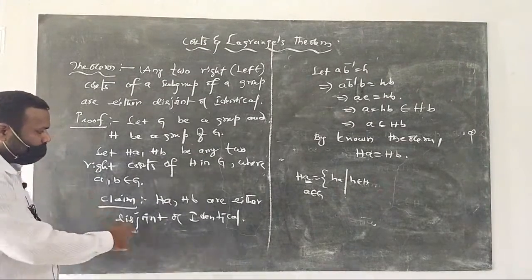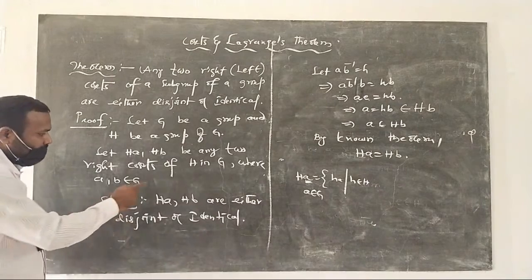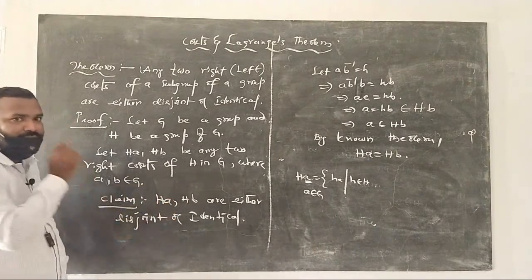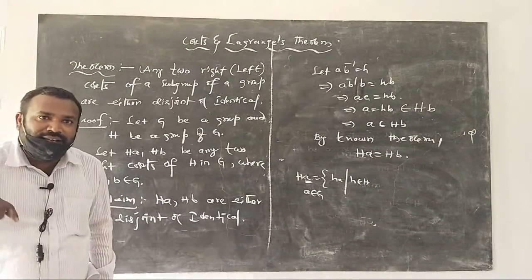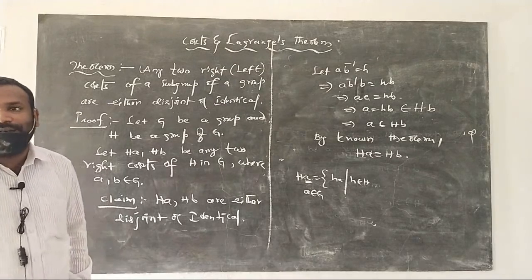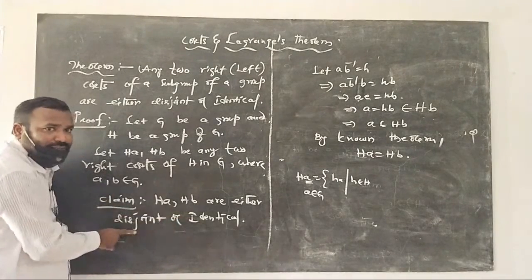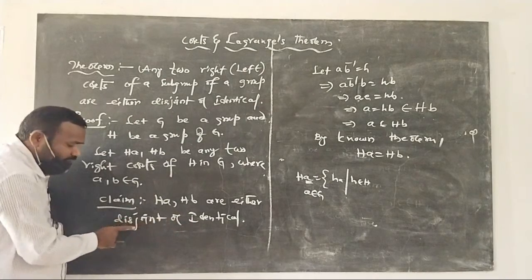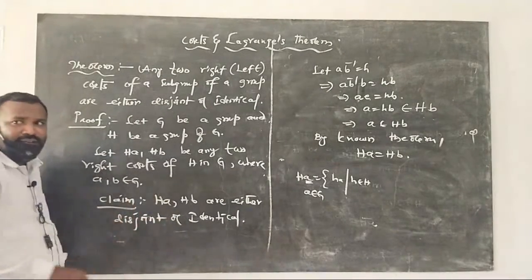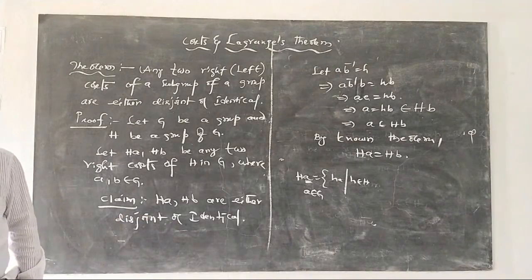So let us start with Ha and Hb are not disjoint. If they are not disjoint, they must be identical. We have to say this. We start by denying disjointness, and we end with identical.